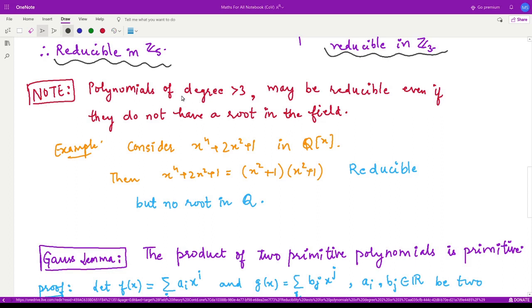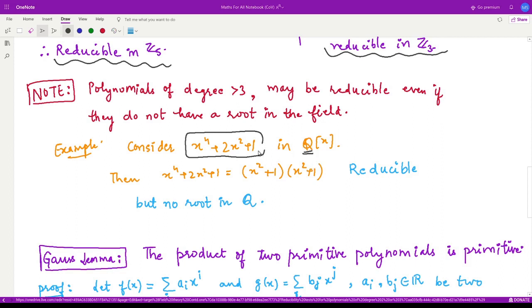So here's a note. Polynomials of degree greater than 3 may be reducible even if they do not have a root in the field. For example, we have this polynomial x raised to power 4 plus 2x square plus 1, and the given field is the field of rational numbers, right?